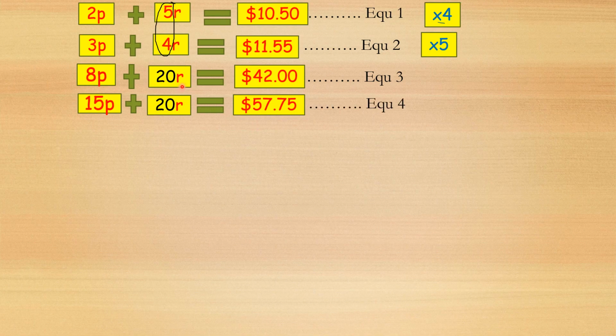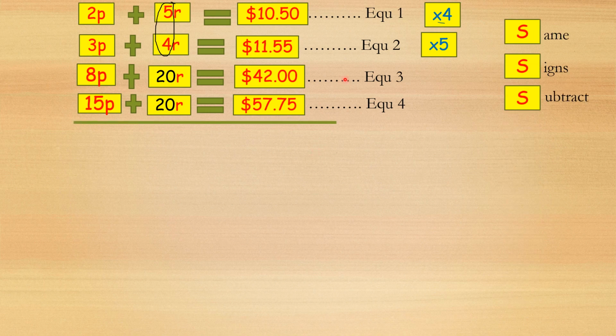Now you notice that our R term has the same coefficient. It is 20. So there's a rule. Same signs subtract, referring to these signs here. They're both plus. Okay? So we're going to subtract.